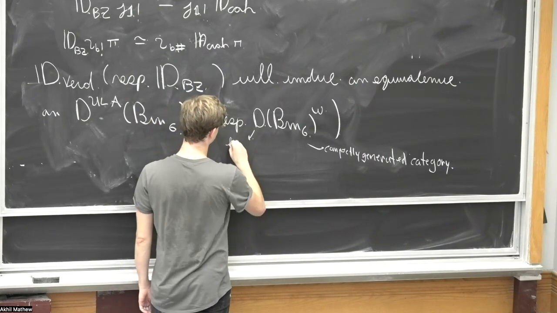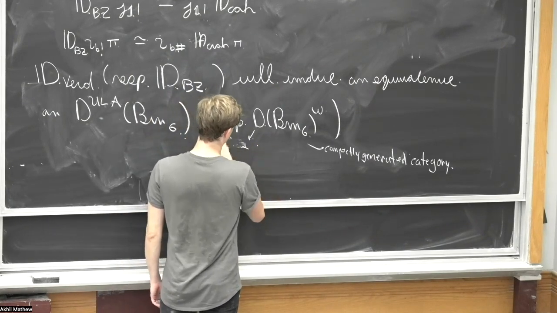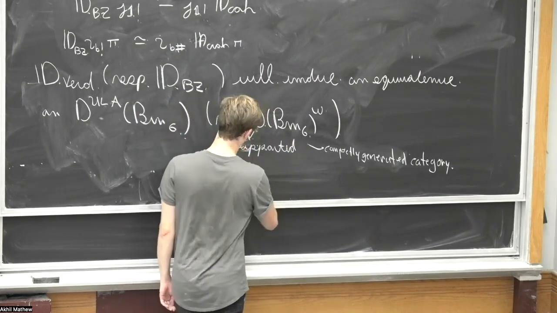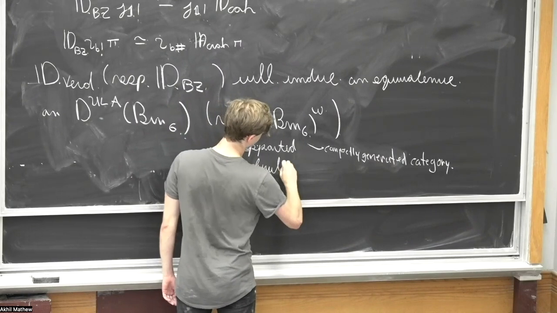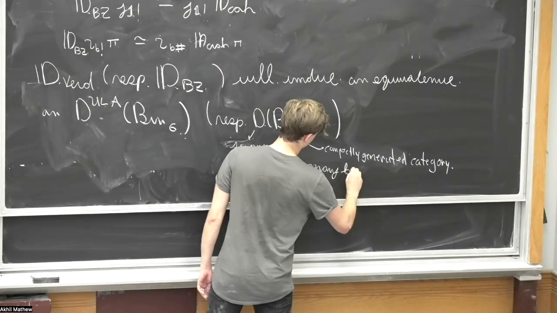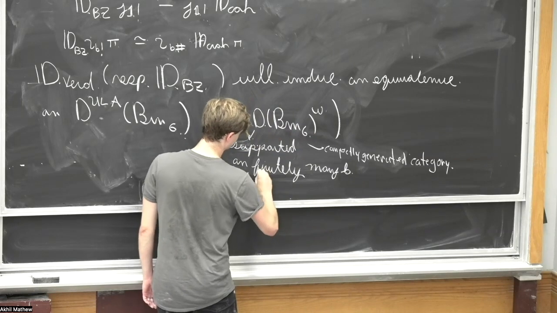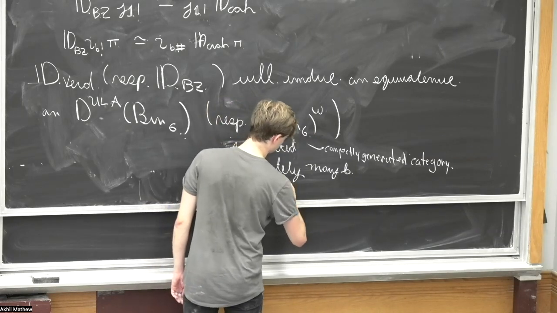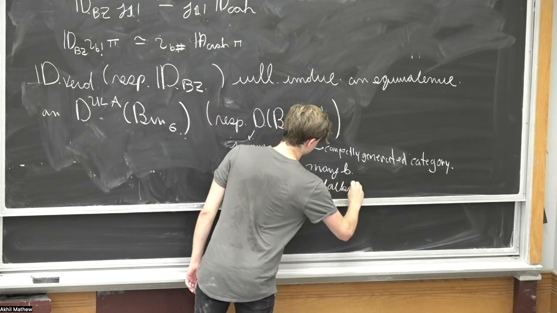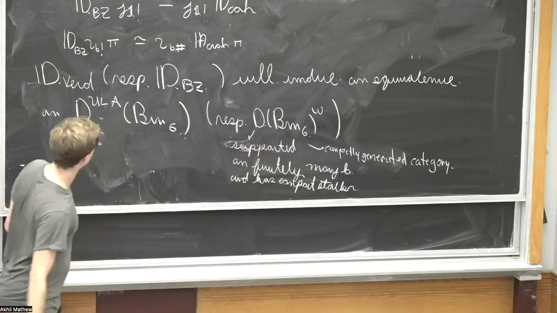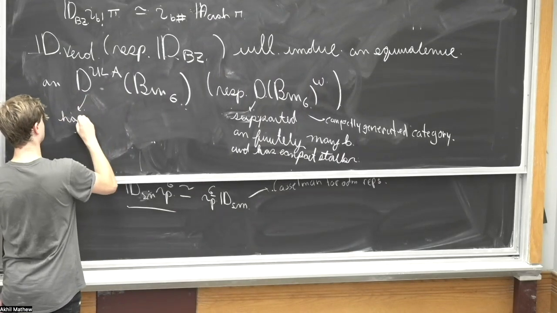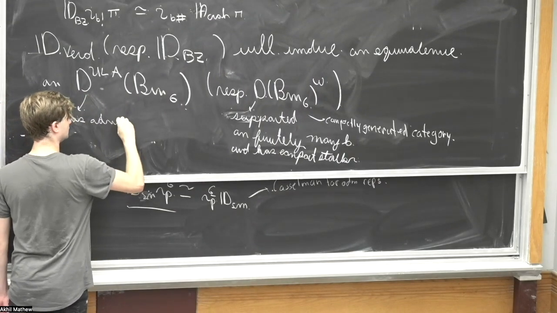In other words, it is supported on finitely many B, and has compact stalks. So it's compact in the sense I mentioned. And this thing over here would be equivalent to having admissible stalks.